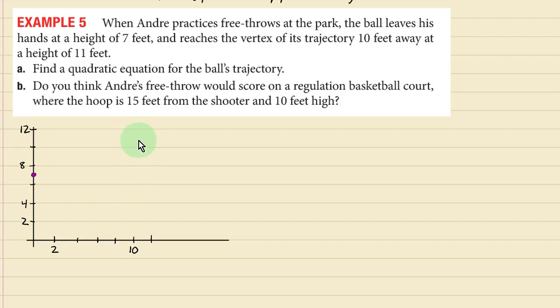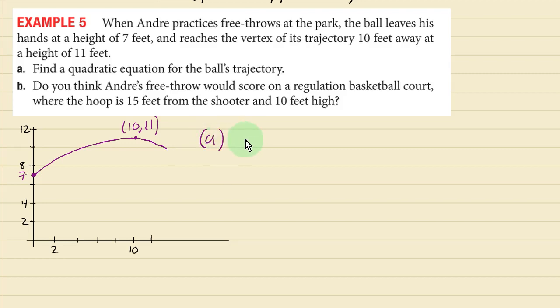Y should be 11, the height that it gets. So this is what the trajectory looks like. That's the highest point. It's going to be something like that, and then it starts coming back down.